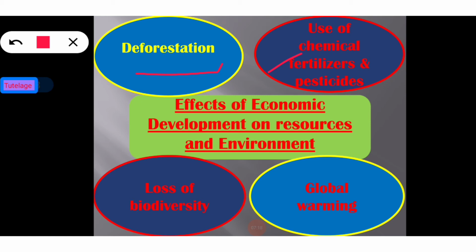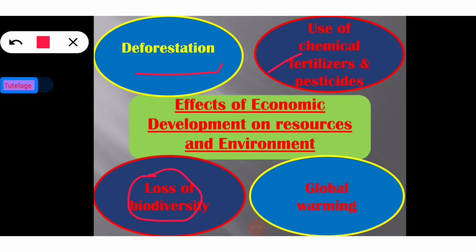Okay, so now move on to the next one, that is the loss of biodiversity. So biological diversity or biodiversity refers to the composite of the species and ecosystem. So millions of species collectively perform different functions that help in maintaining the delicate ecological balance on earth. Biological diversity provides various products such as food, fiber, medicine, raw materials for industrial production.